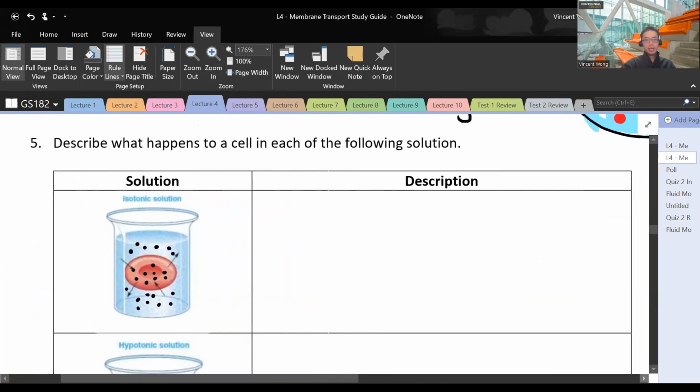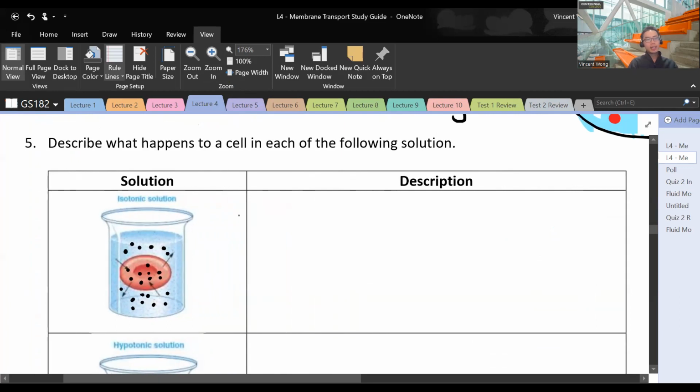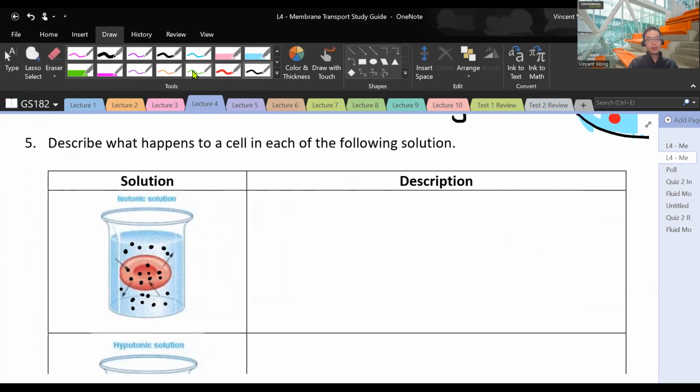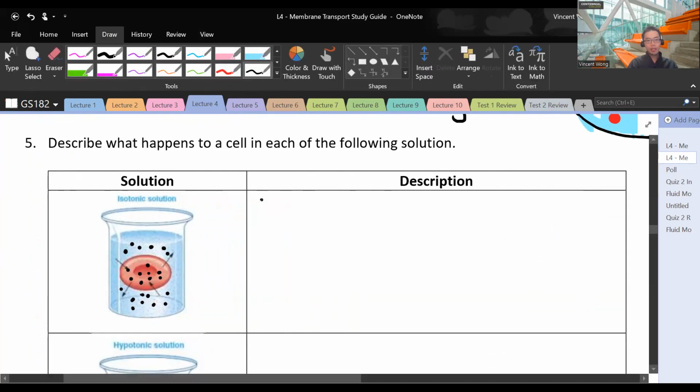Okay, so here is isotonic, which means the concentration can be represented by a square bracket. So the concentration of solute on the inside of the cell is equal to the concentration of the solute in the solution on the outside.